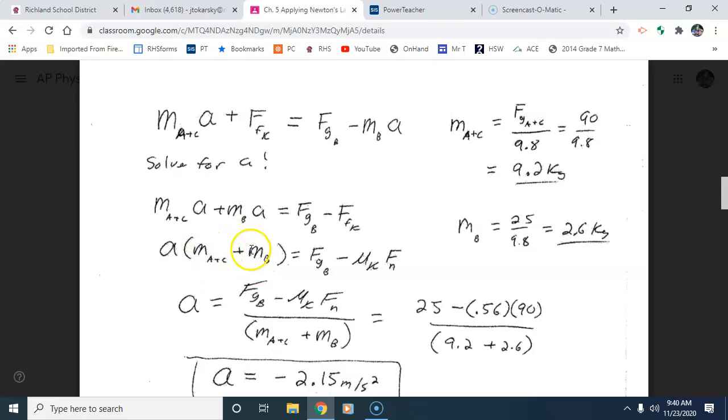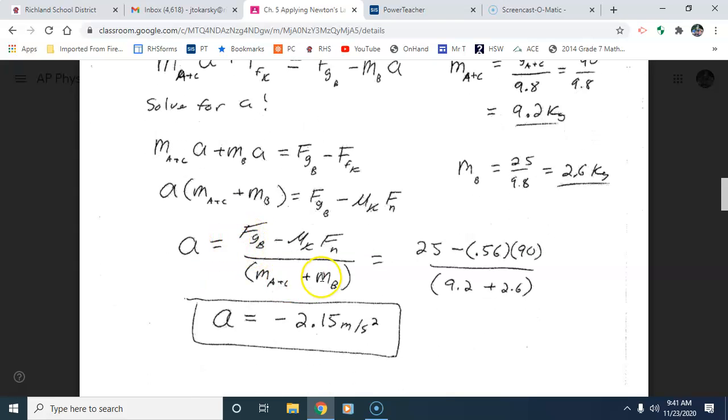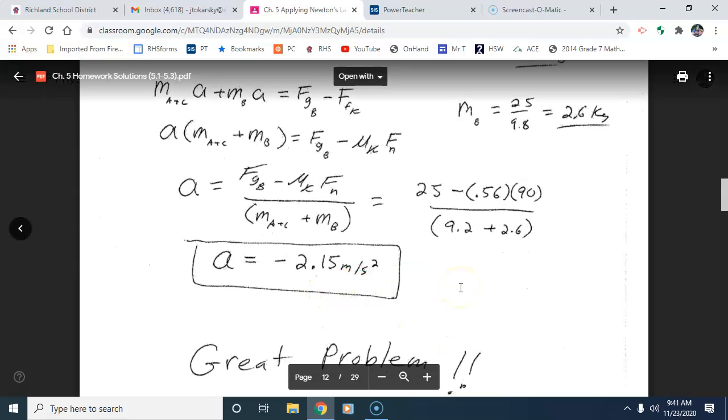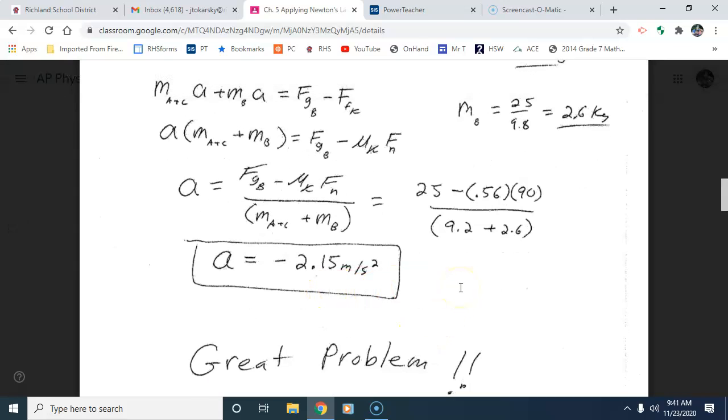So I could divide that term in parentheses over for the proper algebra, and now I could plug everything in. And at the same time, for F friction, I'm plugging in mu K times the normal force, which we found early on, which was the combined weight of the cat and the block A. So plug in all those numbers, and acceleration is negative 2.15 meters per second squared.